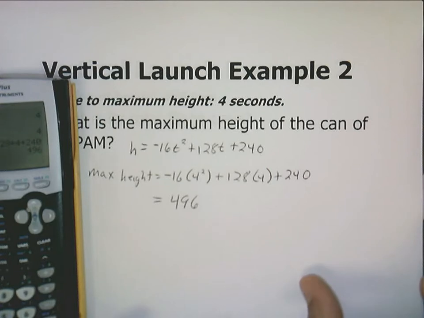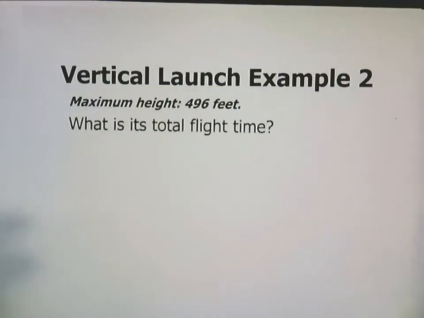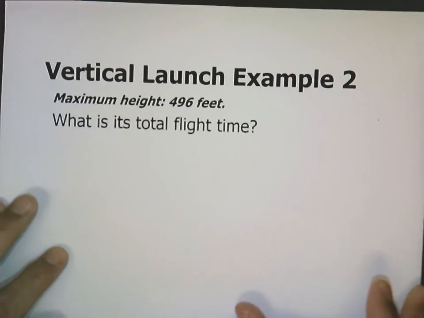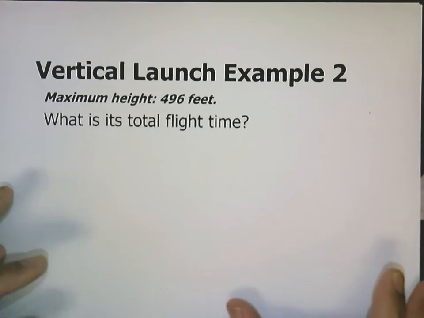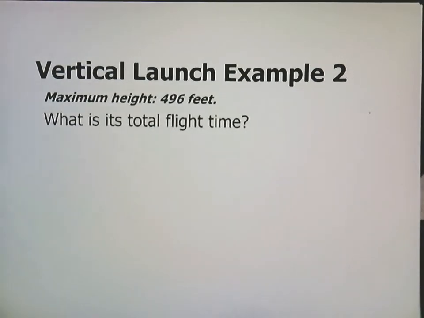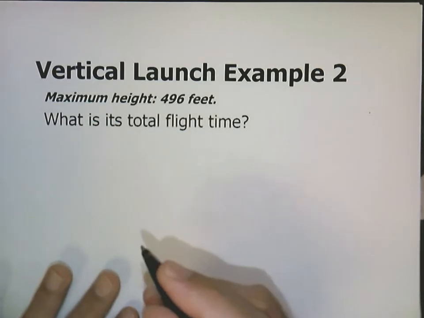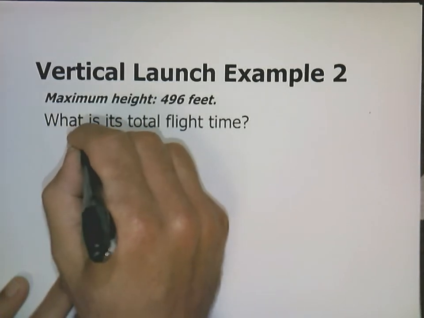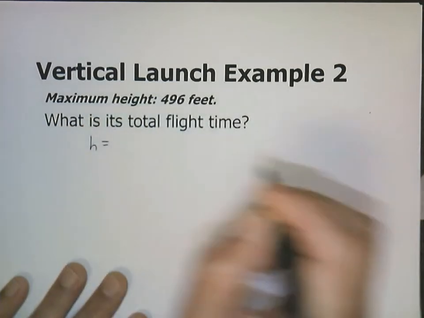Now we want to know the total flight time. So how long is it going to take for this thing to fall back to the ground? And now this thing is not symmetric anymore, so we can't just say it's going to take another 4 seconds for it to fall back down. Now we do have to solve the actual equation for when h equals 0.